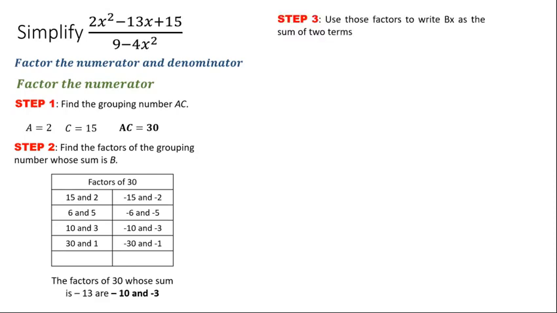Now, after that, we will use the factors -10 and -3 to represent our middle term -13x as the sum of two terms. So, ang gagawin mo lang dyan, itong -10 and -3, lalagyan mo lang yan siya ng variable ng ating middle term, which is si x.